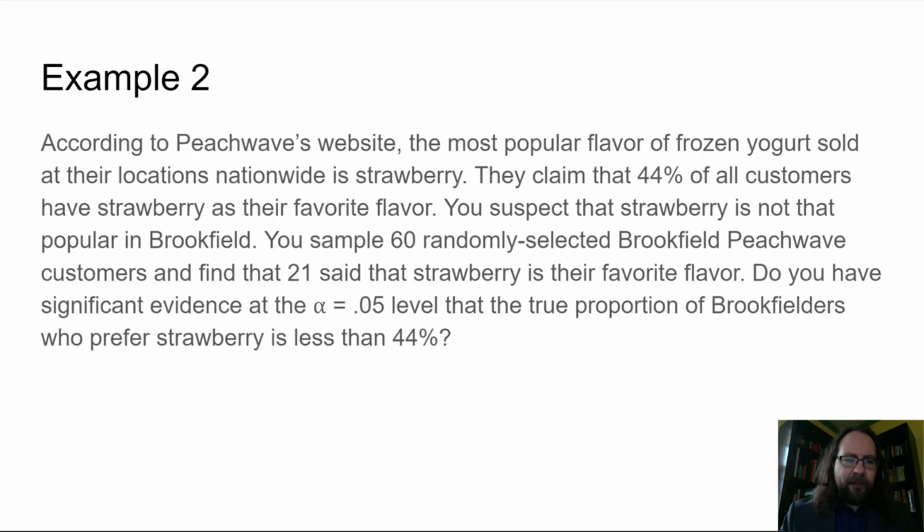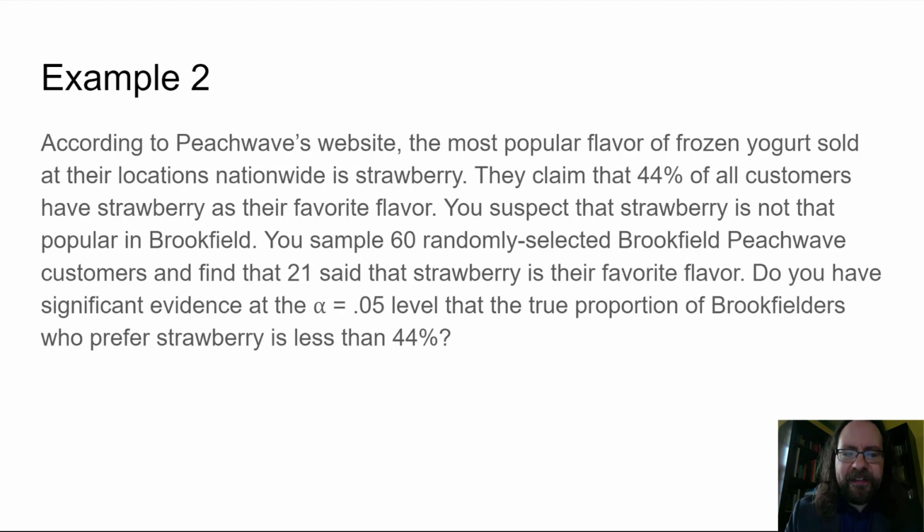All right? So let's take a look at another example. I promise this one would be a little less topical. Perhaps a bit more tropical. Sorry. According to Peachwave's website, the most popular flavor of frozen yogurt sold at their locations nationwide is strawberry. They claim that 44% of all customers have strawberry as their favorite flavor. You suspect that strawberry is not that popular in Brookfield.